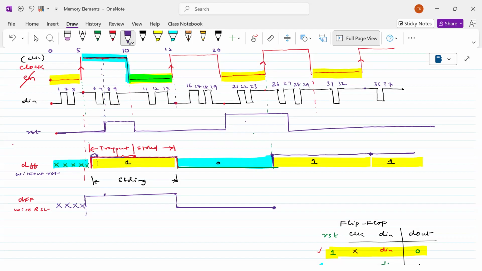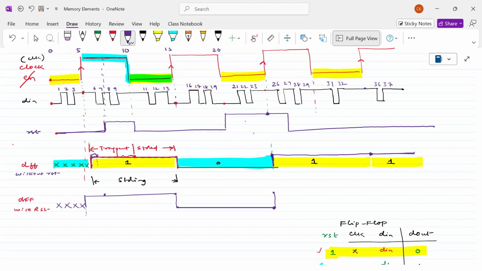Now here we can see there is a positive edge of the clock. According to the positive edge of the clock, it must go high. So look at this one. You see the positive edge of the clock, but you see what is happening here. RST is available exactly at the positive edge of the clock.